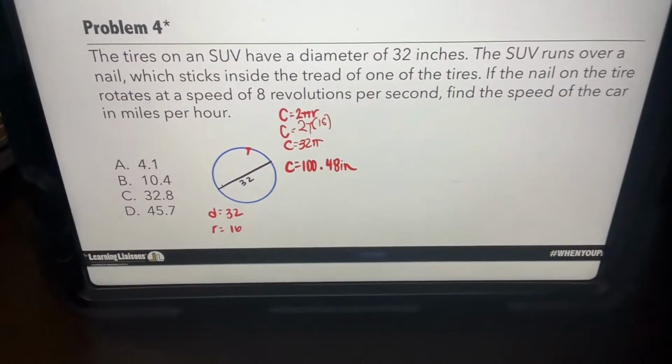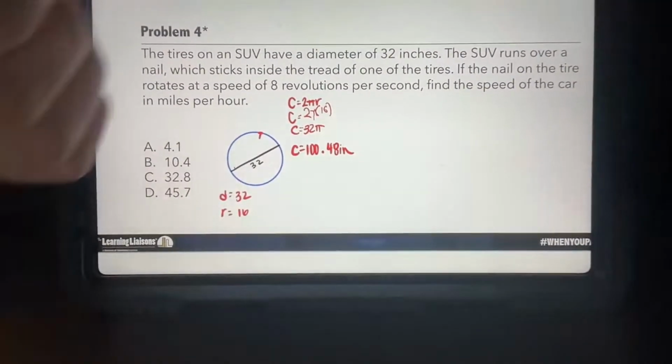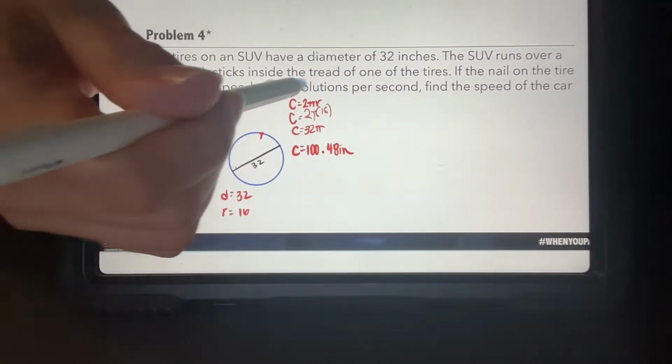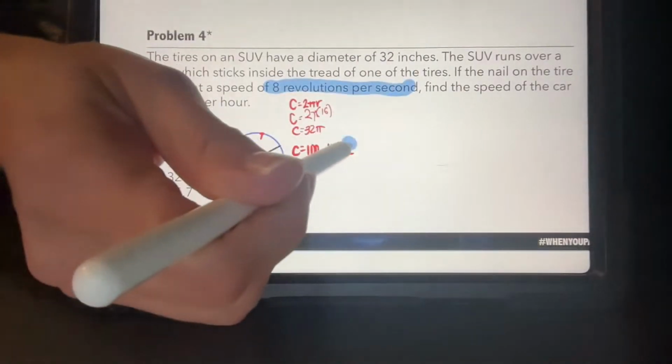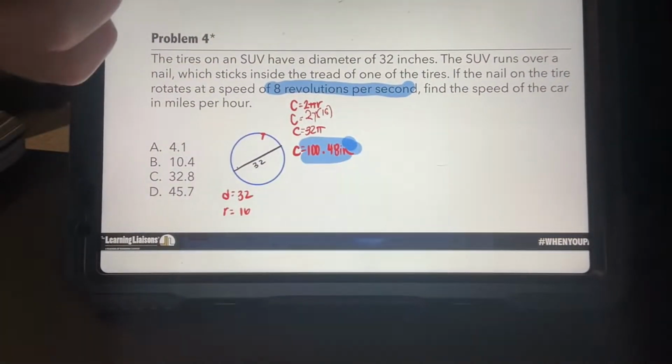Well, I need to figure out how much per second. If we're doing 8 revolutions per second, and this is 1 revolution, I need to figure out how many inches per second I'm moving. So I just need to multiply this times 8.